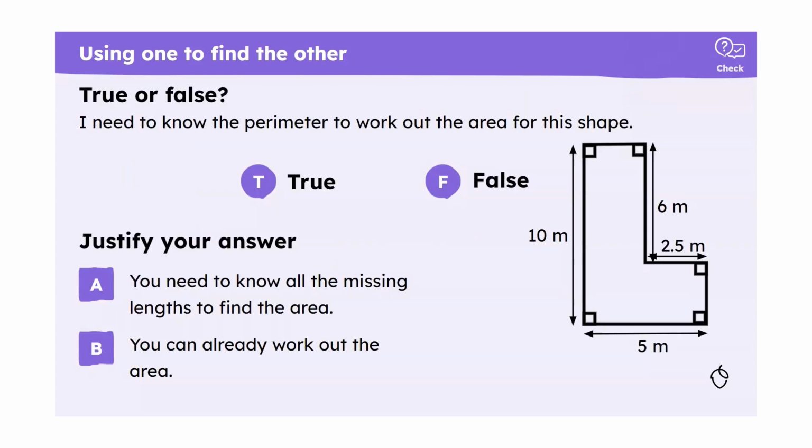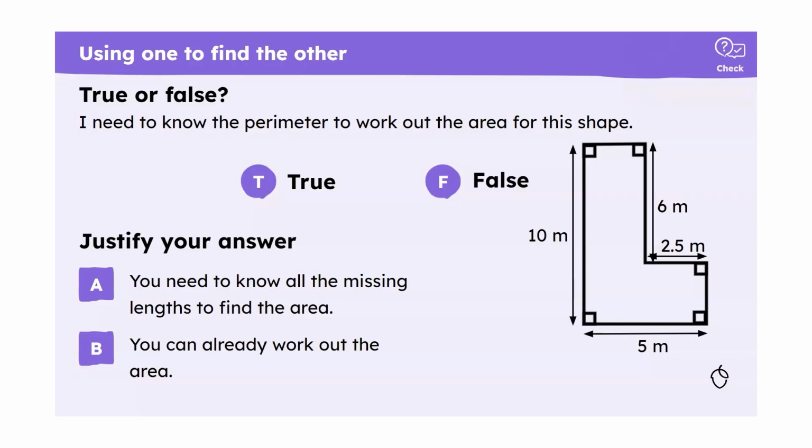Now, quick check. You can see here there's a picture on the right, and that is a composite rectilinear shape. What I want to know is, is this statement true or false? I need to know the perimeter to work out the area for this shape. So in other words, if I know the perimeter of this shape, I'm then able to get enough information to calculate the area.